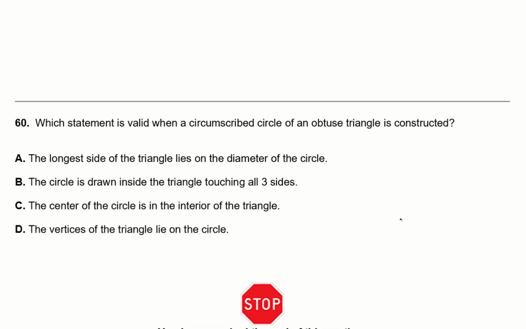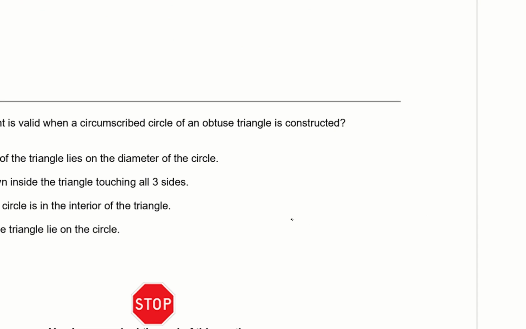Which statement is valid when a circumscribed circle of an obtuse triangle is constructed? So if we're constructing a circumscribed circle for an obtuse triangle, let's draw an obtuse triangle. So it's a triangle with one obtuse angle. So something like this. That's an obtuse angle, and then we'll construct a triangle out of that. So for this obtuse triangle, let's draw a circumcenter for it.